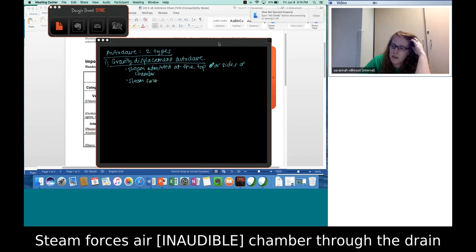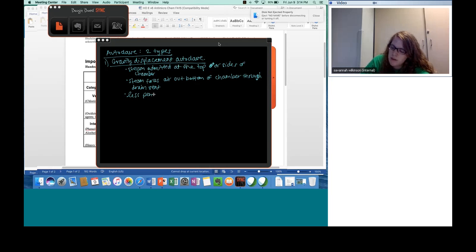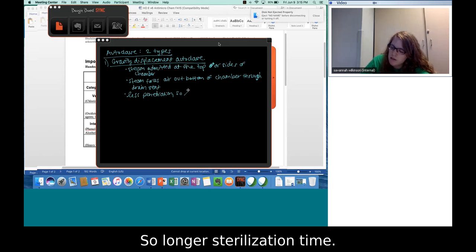Steam forces air to the bottom of the chamber through the drain vent. This means less penetration, so a longer sterilization time.